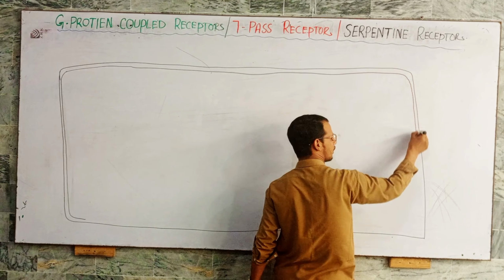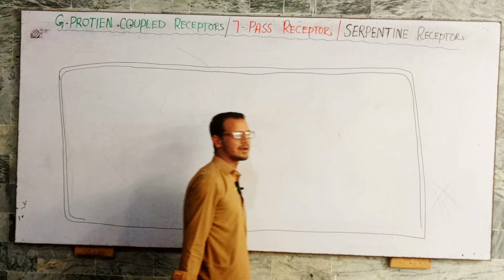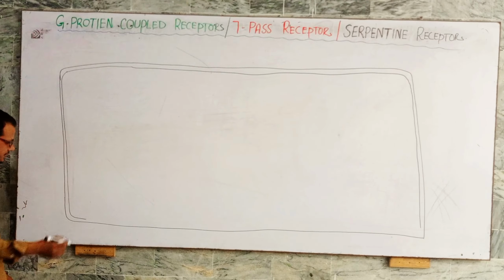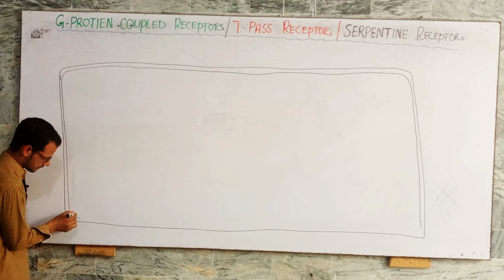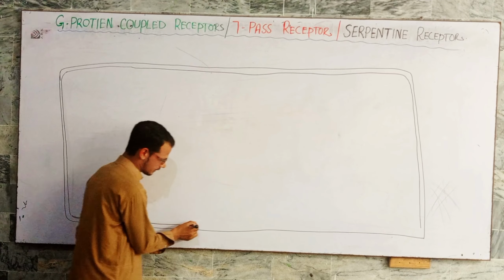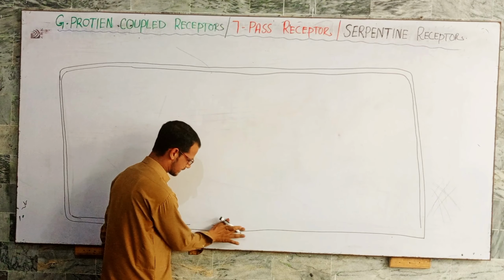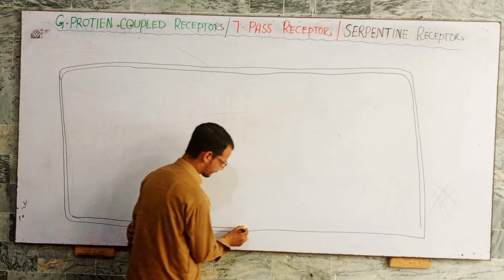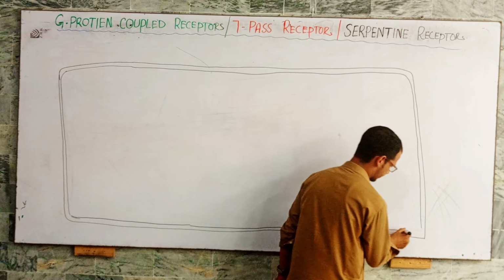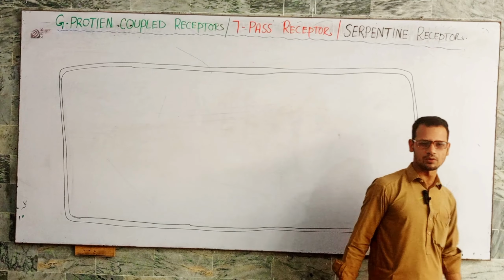So this is mainly the topic of the endocrine system. But in pharmacology, we can block or we can activate these receptors. Pharmacologically, we will discuss the drug's effect on the receptor. This is mainly the topic of pharmacodynamics.